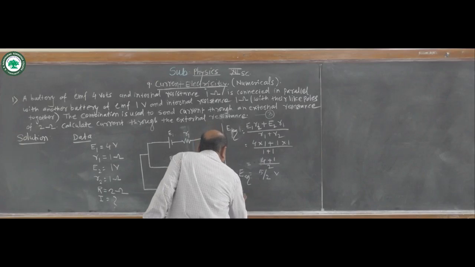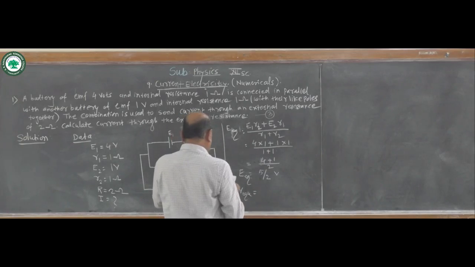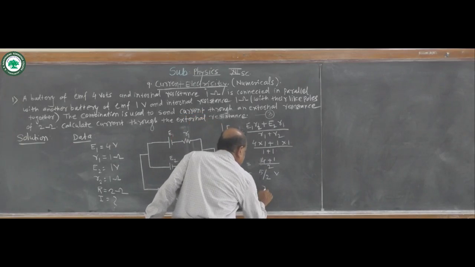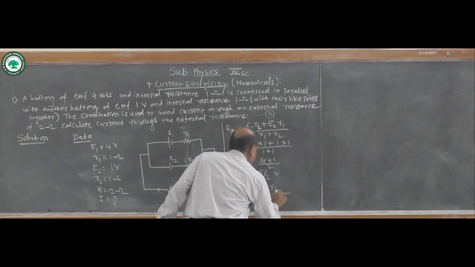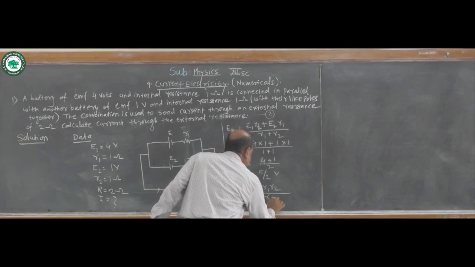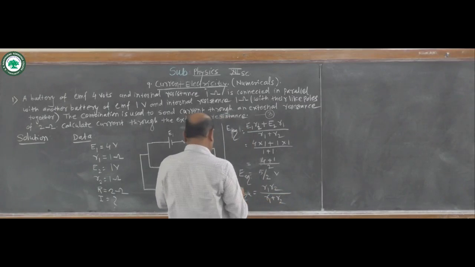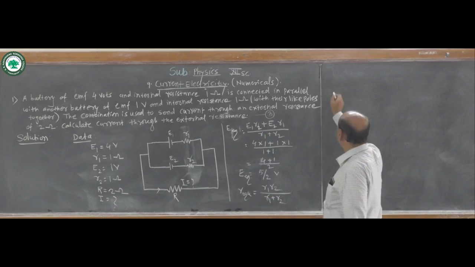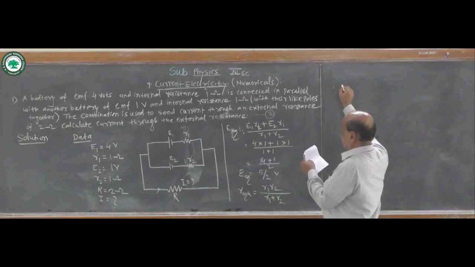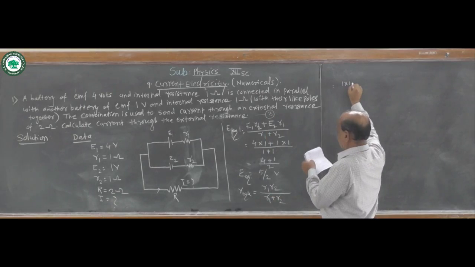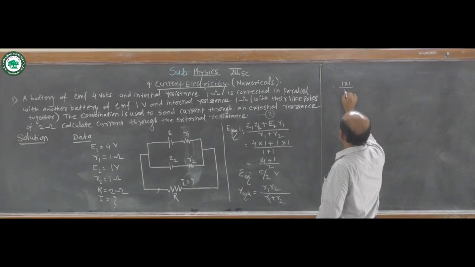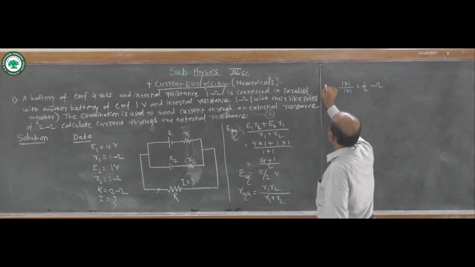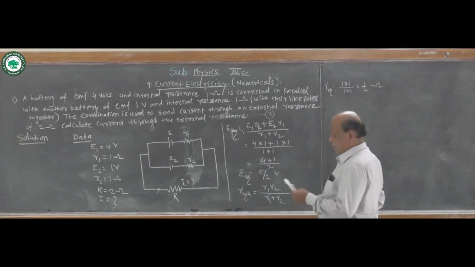Now R equivalent will be R1 R2 divided by R1 plus R2. Put the values: R1 R2 is 1 into 1 divided by 1 plus 1, which is equal to 1/2 ohm. This is the value of R equivalent.